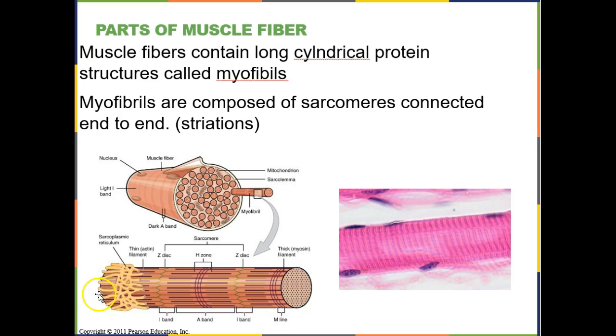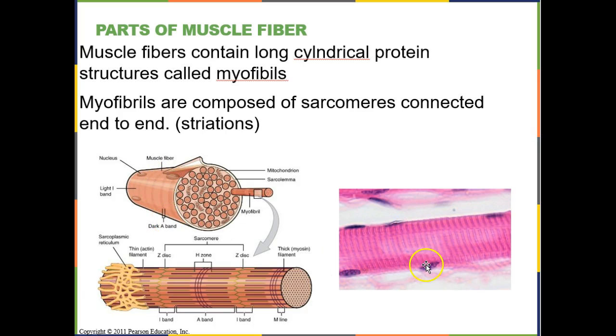So if you look at this one myofibril here, this is the middle of a sarcomere. Here's another sarcomere attached to it, and there's another sarcomere there. So this myofibril would run the entire length of the cell. And all of the myofibrils within this cell are lined up in register, which means the middle of one A band is on top of the middle of another A band, and that's why these stripes run down the whole thickness of the cell.